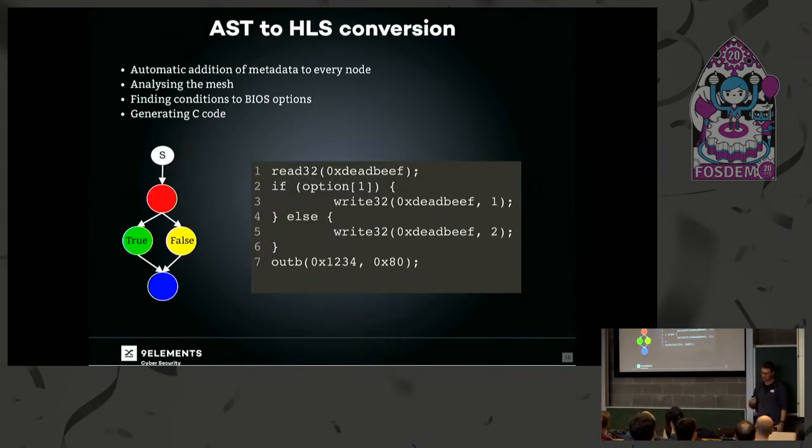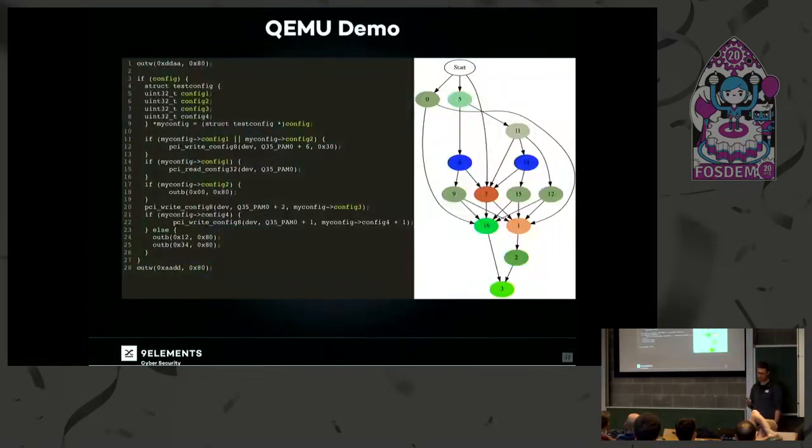You can see here the abstract syntax tree converted to C code. And this is another example. The framework ships with a simple QEMU coreboot image that runs in QEMU. As you can see, that's the graph generated.